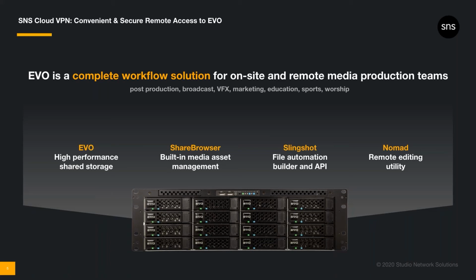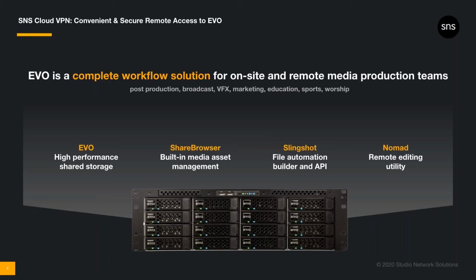All of these software tools are included free in unlimited fashion for all new EVOs, and our products are scalable to accommodate your team's storage and workflow needs, from our small and mobile desktop units to multiple petabyte scale-out storage systems. Today, Eric is going to focus on how to activate all of these workflow tools when you aren't in the studio or office.